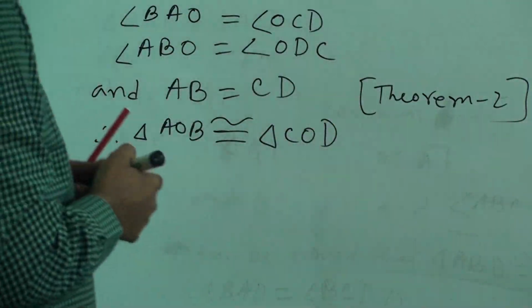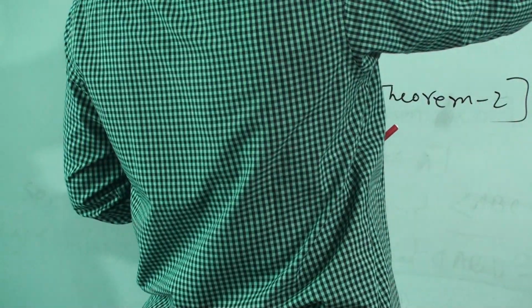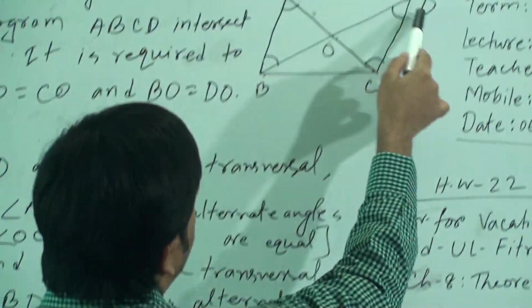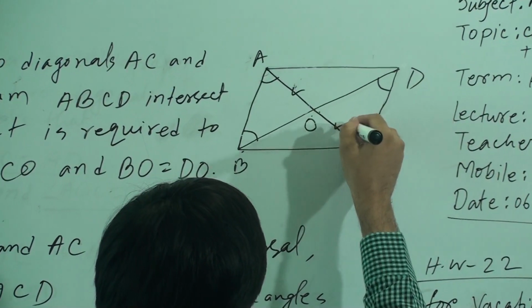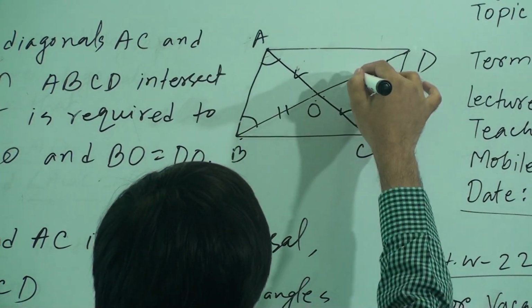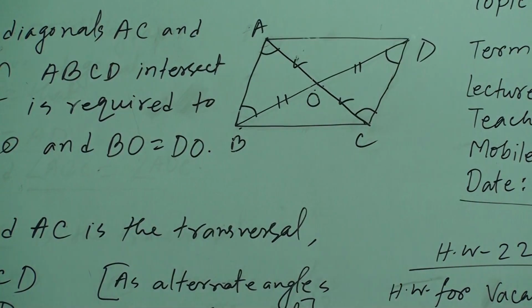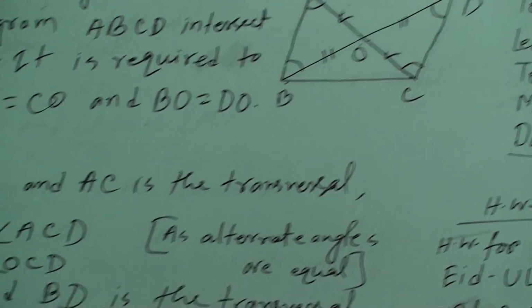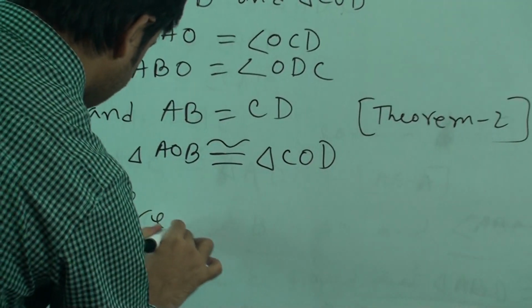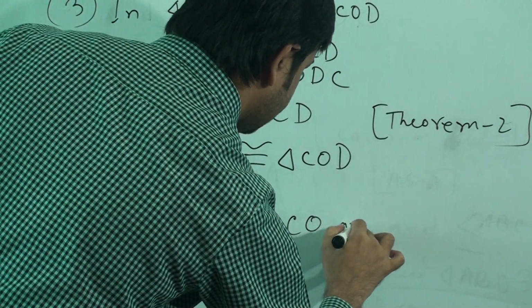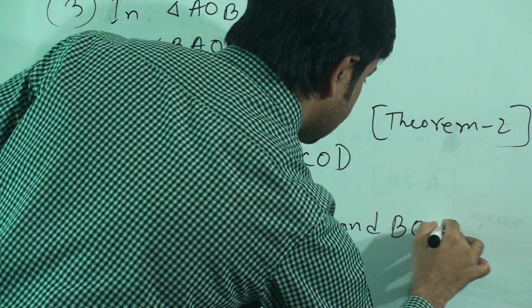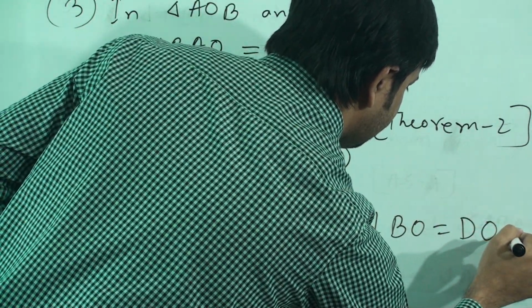As these two triangles are congruent, corresponding sides are equal. So we can say AO is equal to CO and BO is equal to DO.